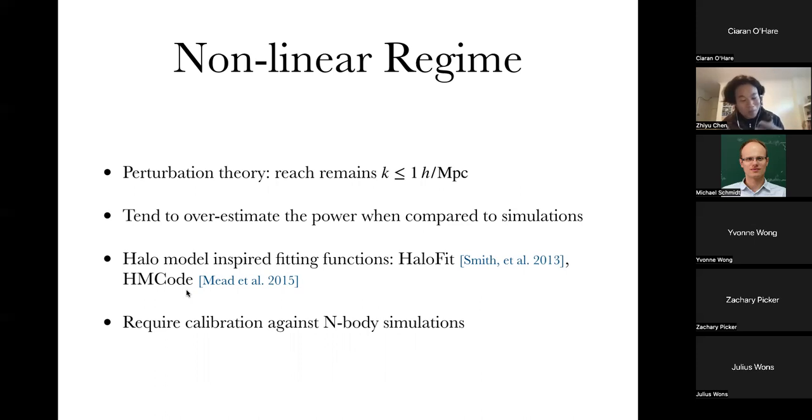So I hope this convinced you that, yes, experimental surveys in the next generation require us to go to the very nonlinear small scales. And computationally, right now, the only method we can rely on is N-body simulations to get a reliable solution in that regime.